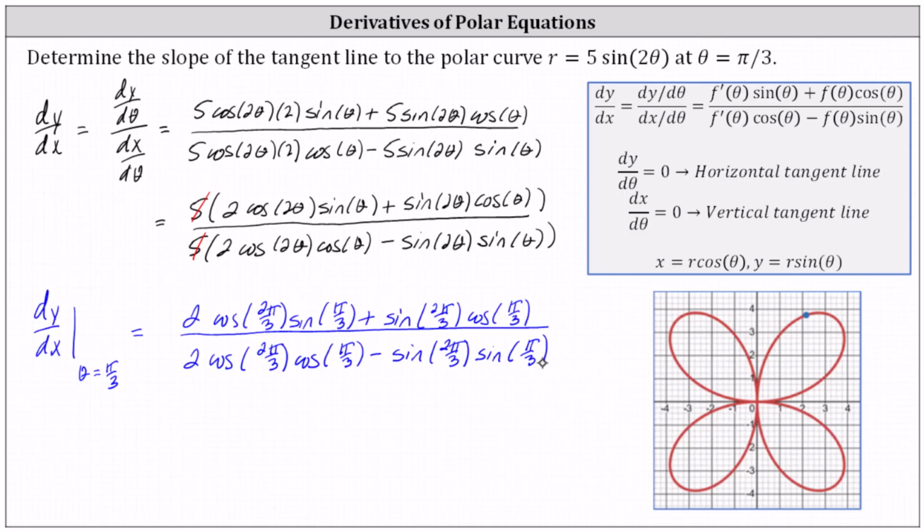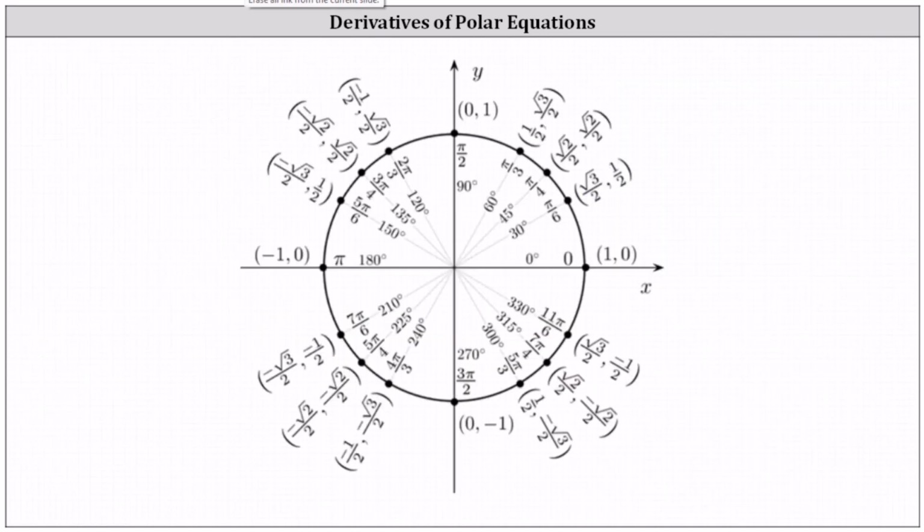Now we need to determine the trig function values for cosine pi divided by 3, sine pi divided by 3, as well as cosine 2 pi divided by 3, and sine 2 pi divided by 3. We can use reference triangles or the unit circle. This time I'll go ahead and use the unit circle. Recall in the unit circle, x equals cosine theta and y equals sine theta, which indicates cosine pi divided by 3 is equal to 1/2.